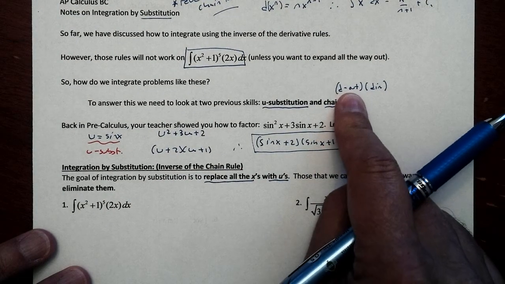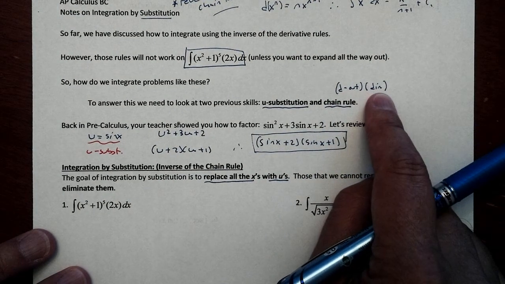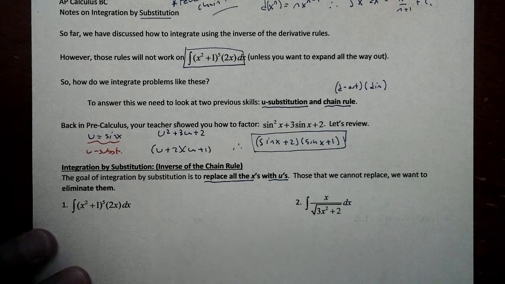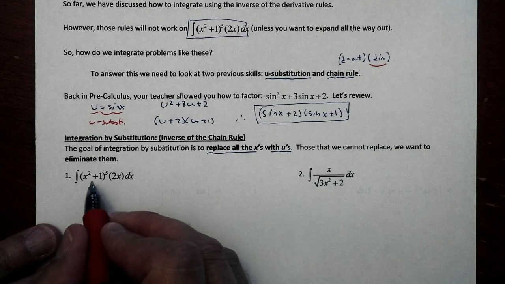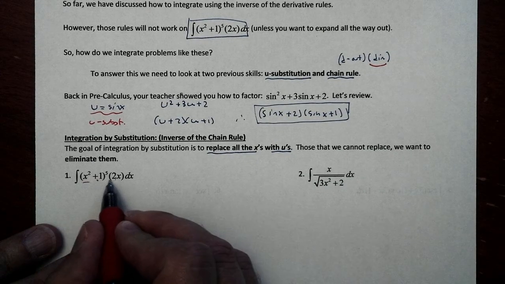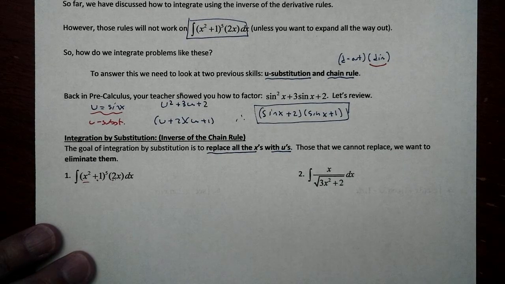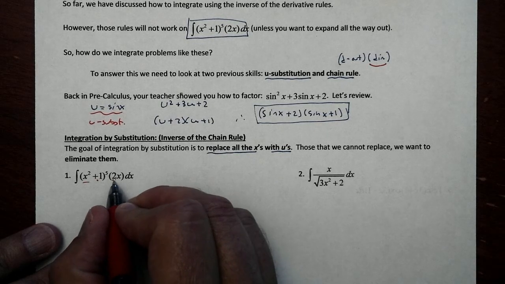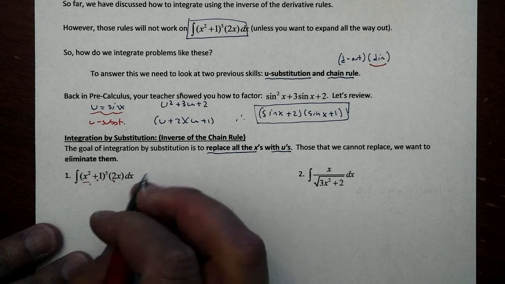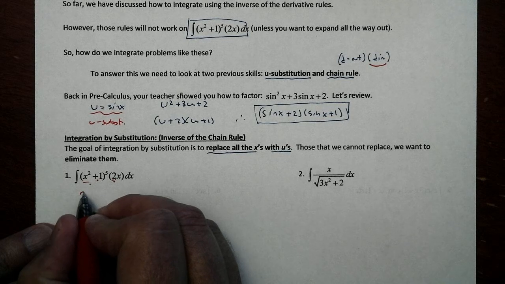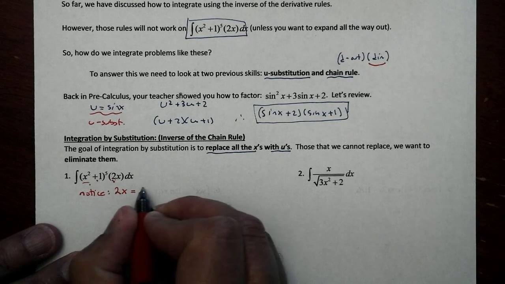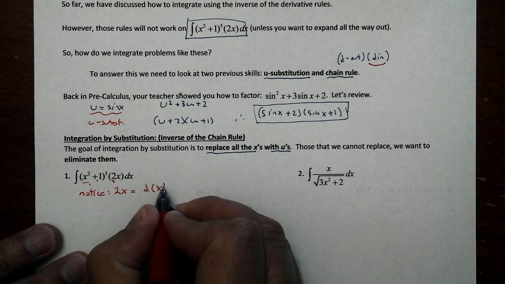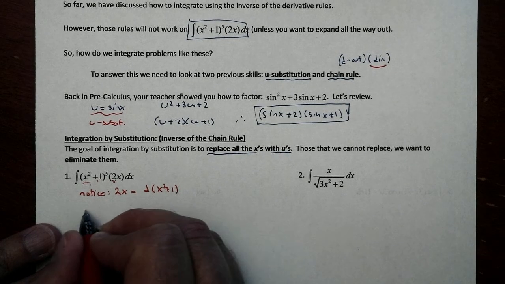I want the derivative of the outside and the derivative of the inside. What I'm looking for is that inside derivative. In other words, one of these products is going to be the derivative of the other. And if you notice, 2x is the derivative of x squared plus 1. So I want to try to notice that 2x is the derivative of x squared plus 1.